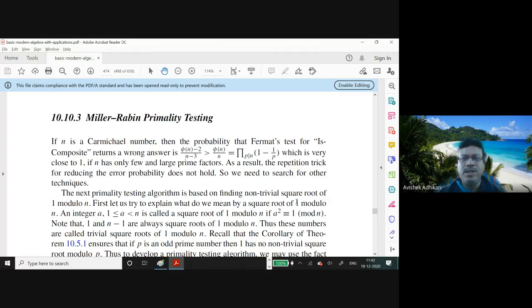Well, you'll be very glad to know that three Indians, one of them from the Kanpur IIT Computer Science Department, Manindra Agarwal the professor, and two of his very brilliant students of computer science, Nitin and Neeraj, for the first time showed in the history of mathematics that there exists a polynomial time algorithm, that means an efficient algorithm, which is deterministic in nature and which can check whether a number is prime or not.